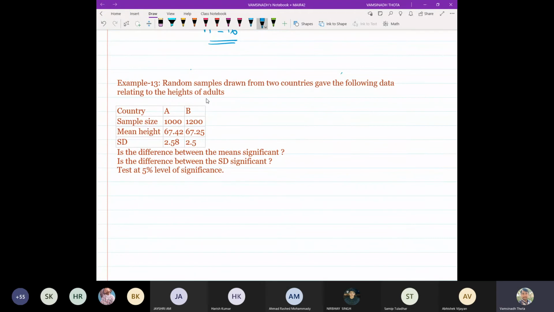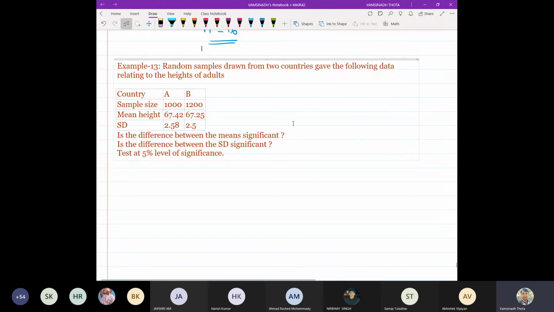So now the last exercise for today's section. Random, please read the question for 1 or 2 minutes, so we'll proceed later. Random samples drawn from 2 countries gave the following data relating to the heights of adults.